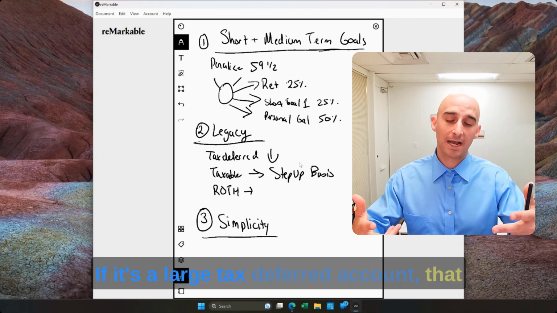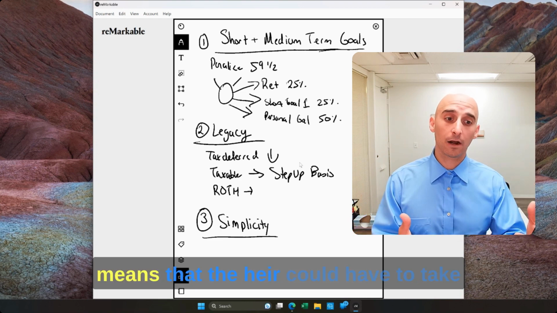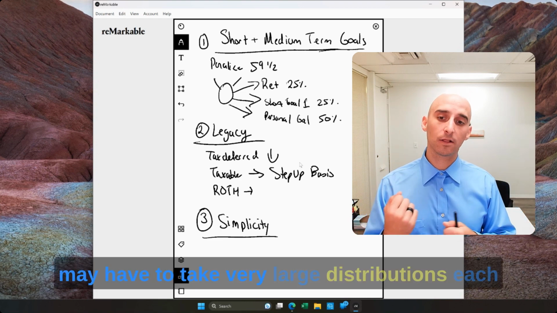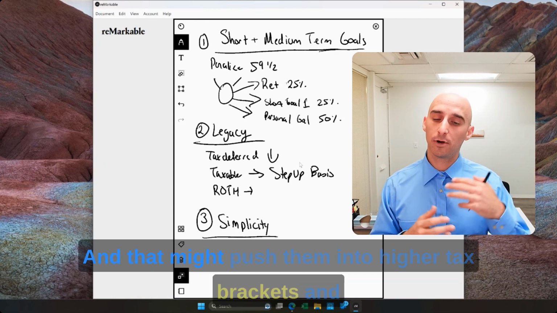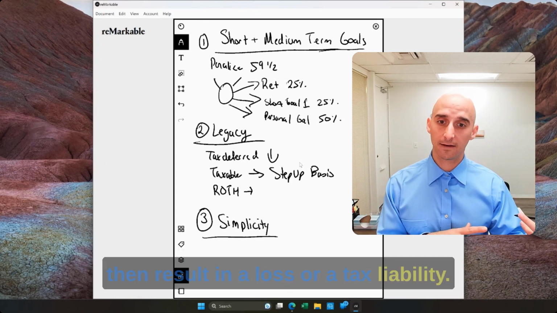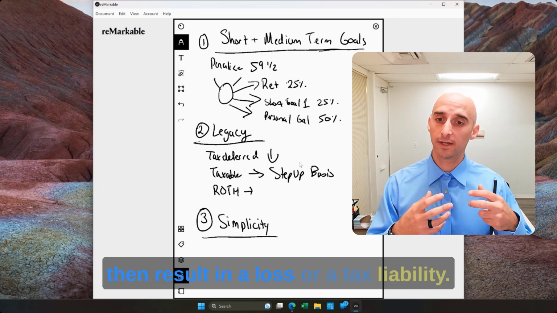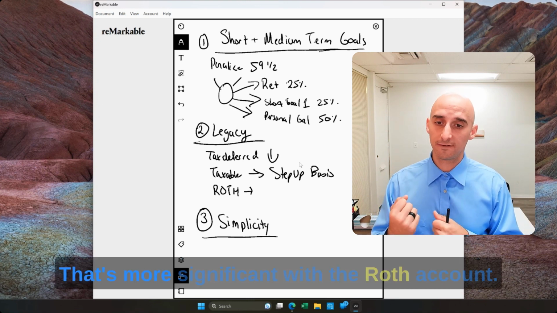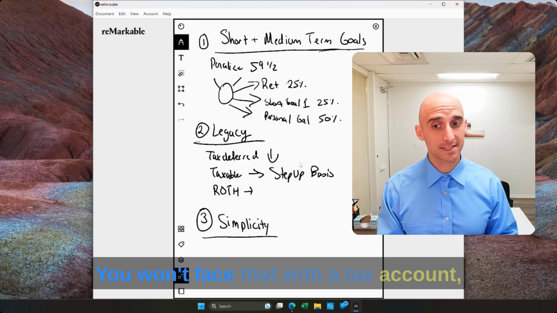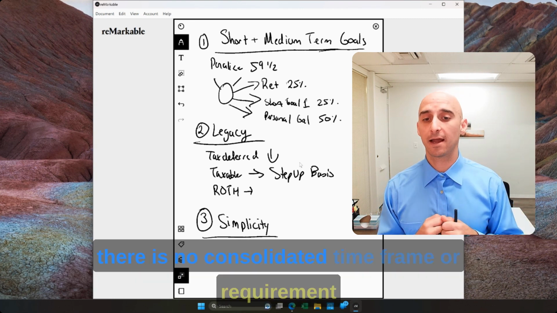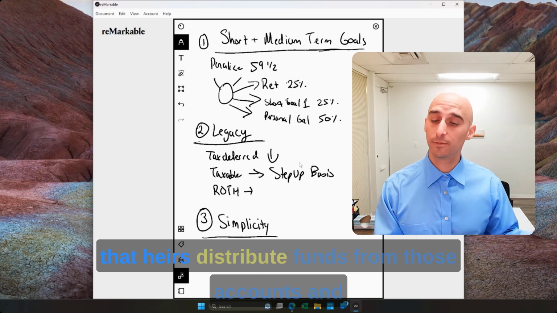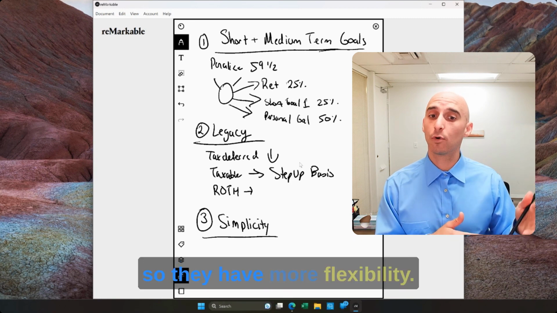If it's a large tax-deferred account, that means the heir may have to take very large distributions each year in order to distribute the funds, and that might push them into higher tax brackets and result in a more significant tax liability. With the Roth account, you won't face that. With a taxable account, there is no consolidated time frame or requirement that heirs distribute funds from those accounts, and so they have more flexibility.